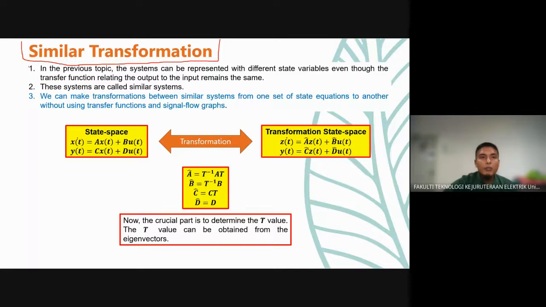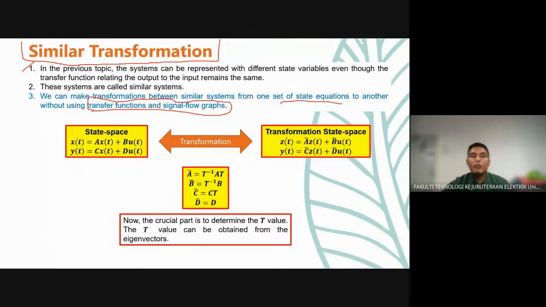In the previous topic, the system can be represented with different state variables even though the transformation relating to the output and input remains the same, and the systems are called similar systems. We can transform between similar systems from one set of state equations to another without using transfer function and signal flow graph. So you can do the shortcut way.